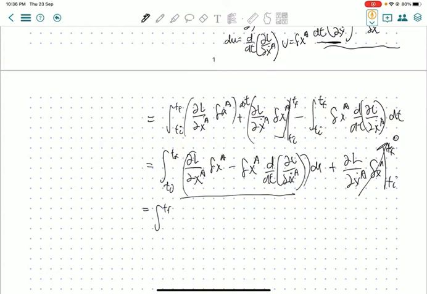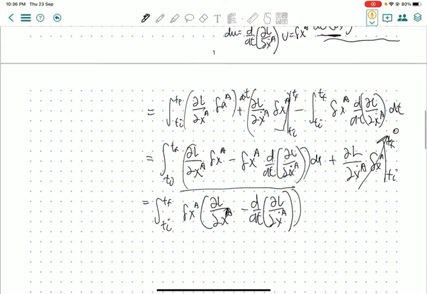Now doing some simplifications, you will see that this should work. So partial L over partial XA minus d on dt, partial L over partial X dot A. The requirement that the action is an extremum is that delta S equals 0.